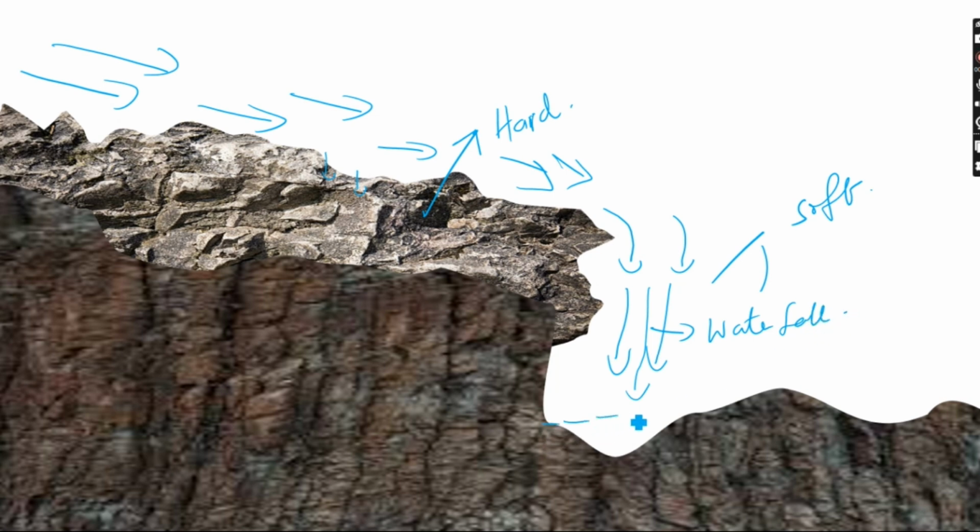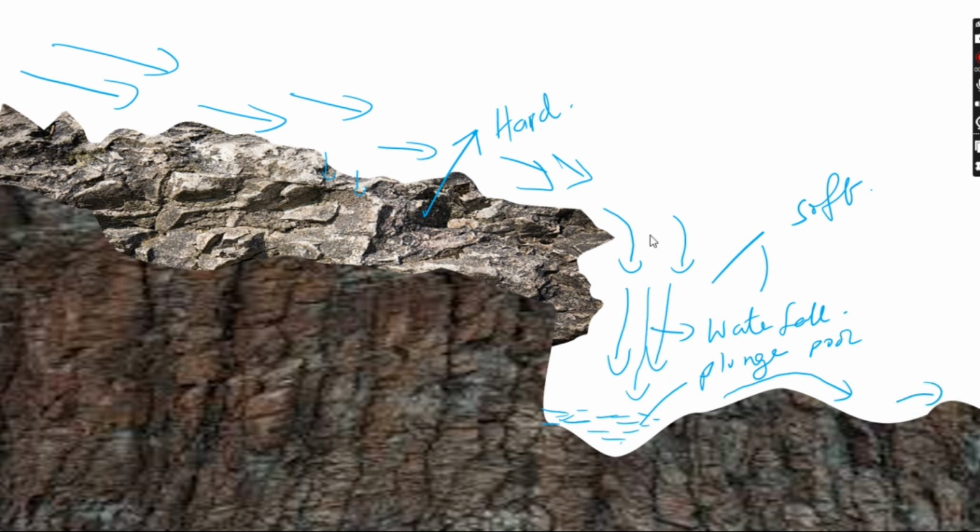Down here where the water is splashing, there will be creation of a pool of water which is known as the plunge hole. Then the river will of course continue flowing downstream.